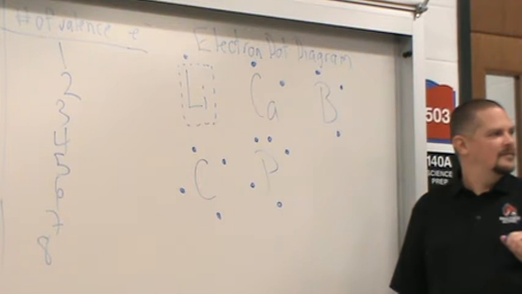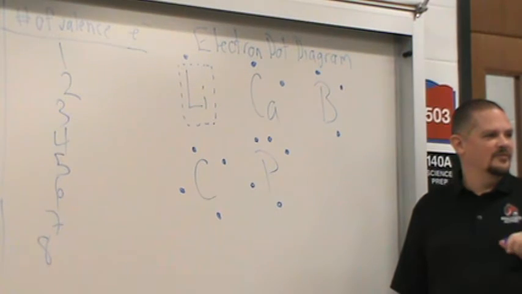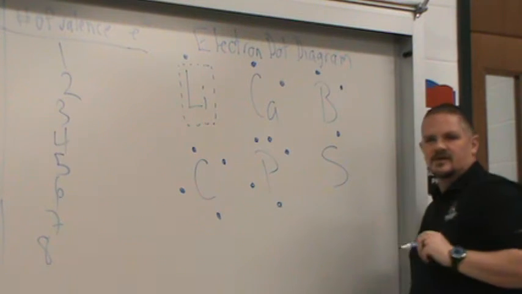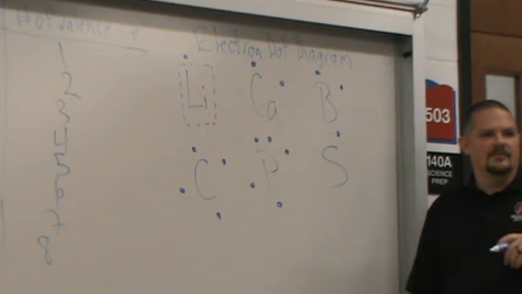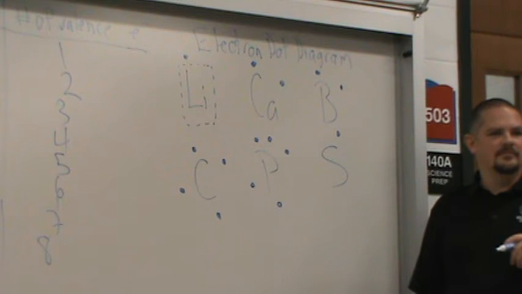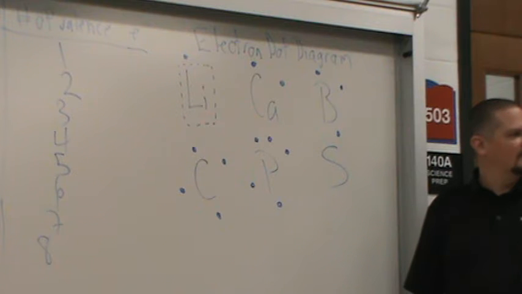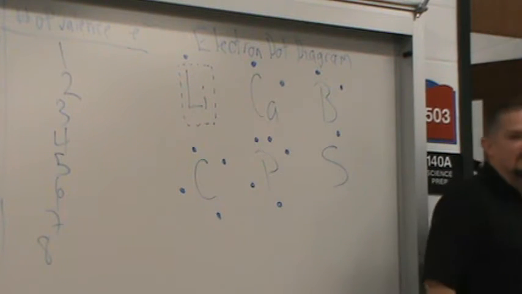B. Keaton, pick one from group 6. Sulfur. Okay, sulfur. Group 7. Ethan. ROE. What? ROE.